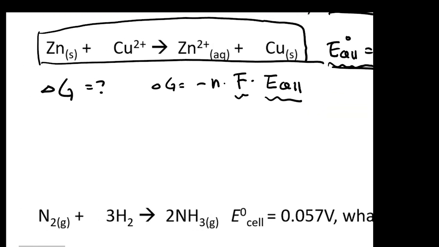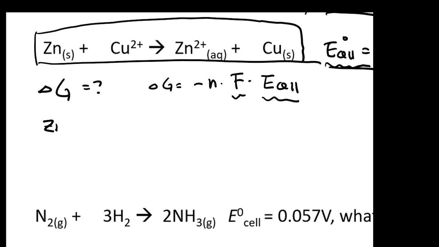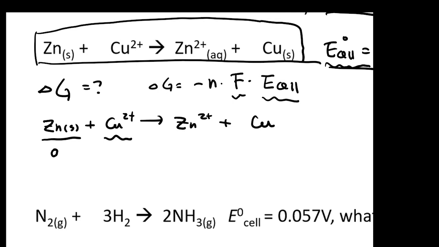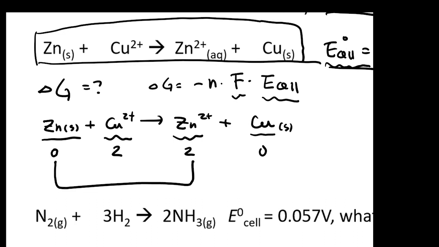Let's look at this more carefully. Zinc solid plus copper 2 plus gives you zinc 2 plus and copper. What is the oxidation number of your zinc solid? 0. Copper 2 plus is 2 plus. Zinc 2 plus is 2. Copper is 0. Zinc is your LoRa, which loses 2 electrons.